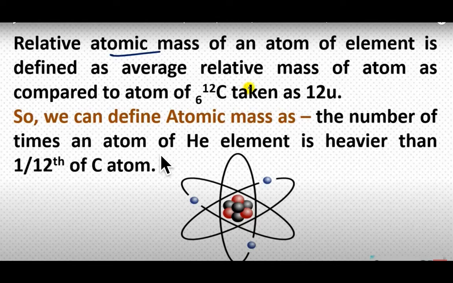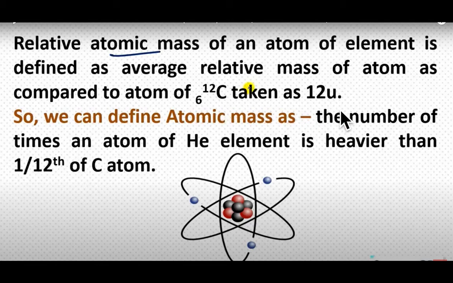Now, as a convenience, we write the unit of atomic mass as U. Now, what is relative atomic mass? Relative atomic mass of an atom is defined as the average relative mass of an atom as compared to the atom of C12 taken as 12 unit.